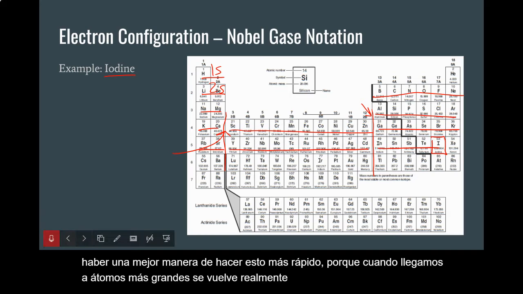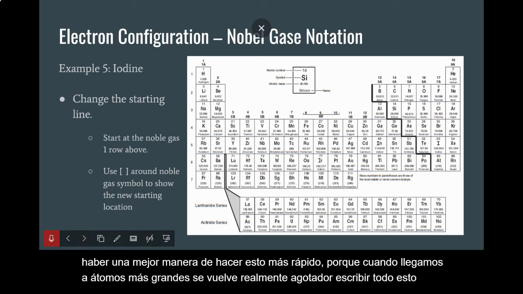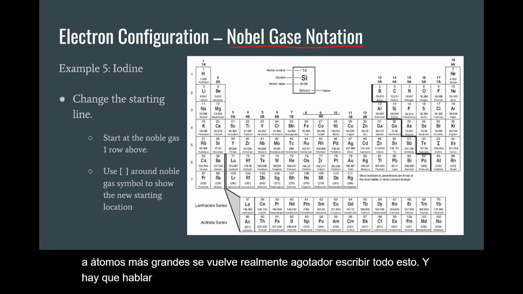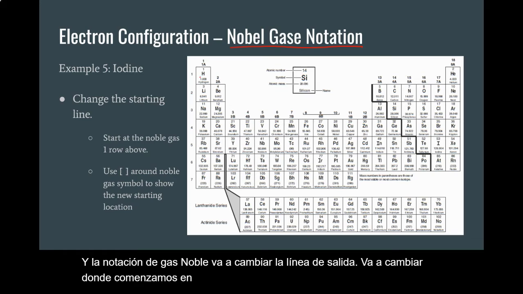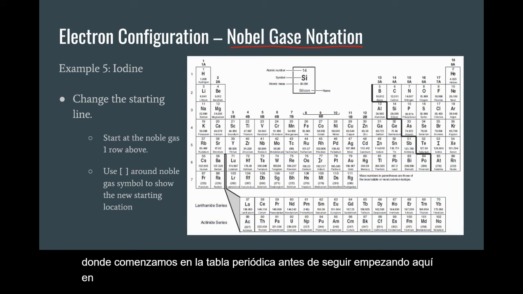And there is. We're going to talk about noble gas notation. And noble gas notation is going to change the starting line. It's going to change where we begin on the periodic table. Before, we kept starting up here at hydrogen and helium. We're going to change that.